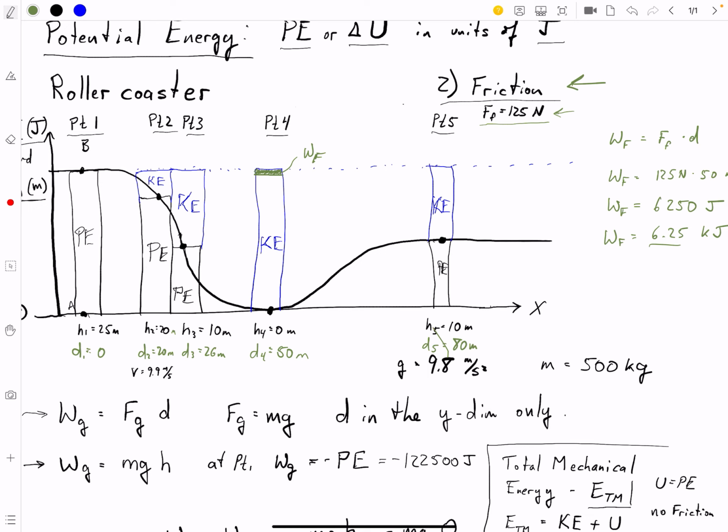It can only cut into our kinetic energies. So our total mechanical energy at that point, because it's all kinetic, ends up being only what's left over.